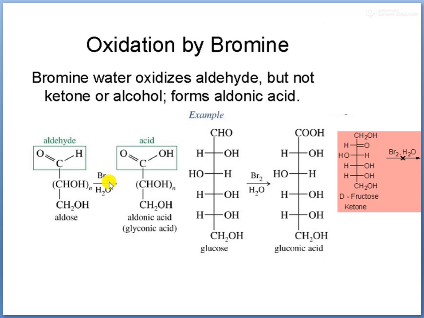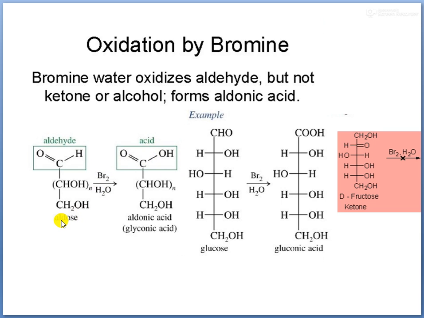Another common reaction is the oxidation with bromine water. Bromine water oxidizes aldehydes but not ketones. In aldehydes, the first carbon has a carbonyl group, and this is converted to a carboxylic acid group using the bromine water test.